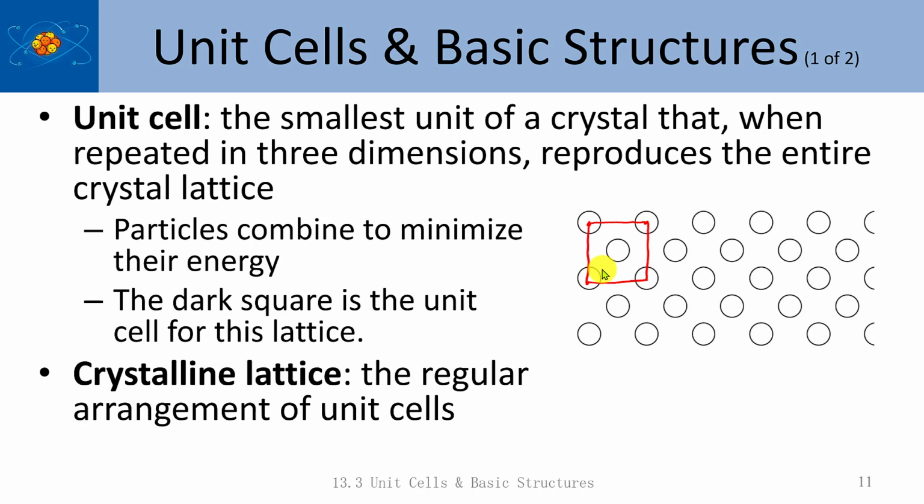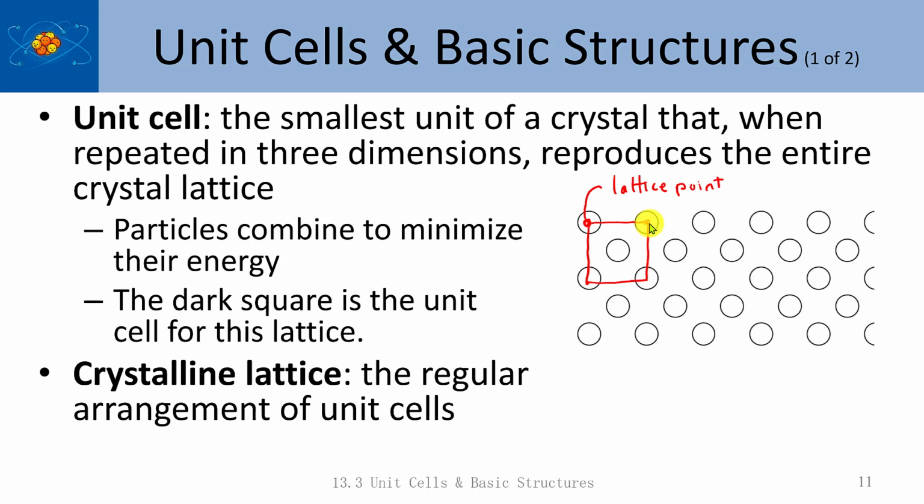Now, I'm going to define this point as a lattice point. When they talk about the crystal lattice in the more technical sense, the crystal lattice is the repetition of these lattice points in such a way that reproduces the entire crystal structure.